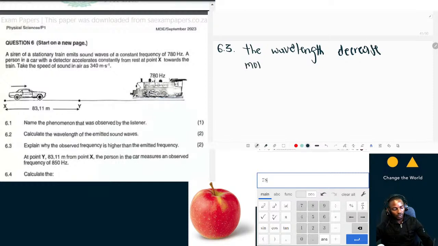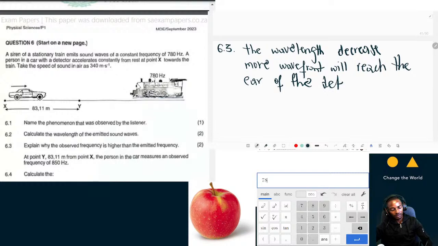So more wave fronts will reach the ear of the detector, or the detector itself, the detecting machine.